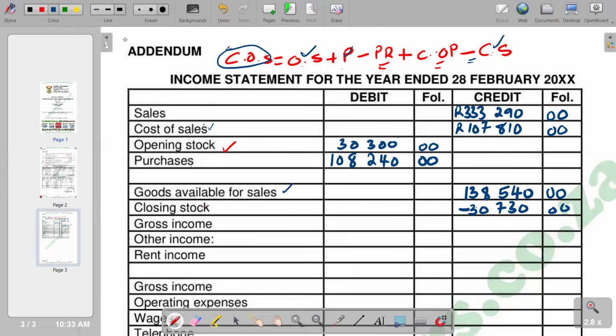So it means the next step is to calculate our gross income. So we are here. We have to calculate this gross income, which is the gross profit. We can call it the gross profit. So we are saying the description that we have here is a gross profit.